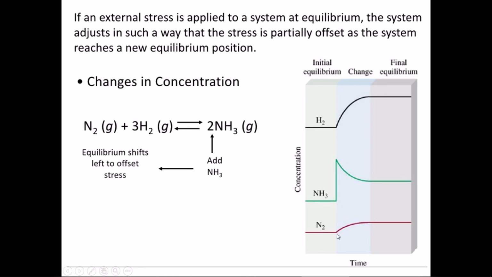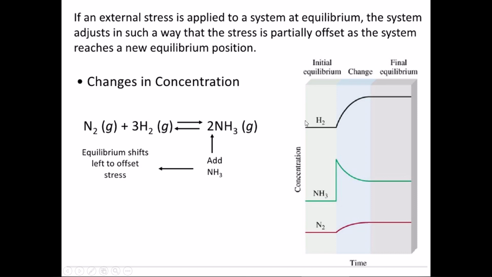And our N2 concentration also increases until it reaches equilibrium. Alright, so we can see how the reaction shifted using up some of the ammonia to create more N2 and H2. So adding a product, adding ammonia, caused the reaction to shift to the left, and we can see the changes in concentration that are affected.